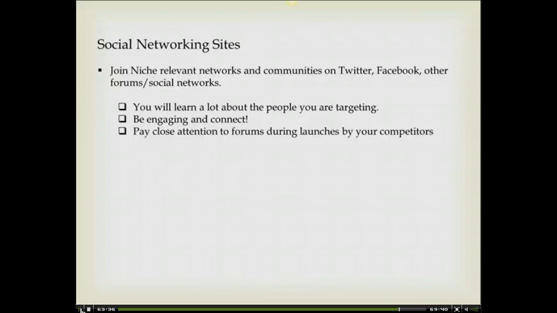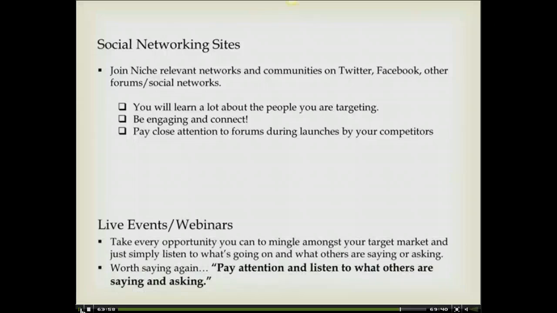They'll be writing about their concerns and the objections that they have. This is a good place for you to find out what other people are saying about similar products, and what kind of objections your competitors are going to have to overcome. This allows you to overcome them ahead of time before you launch your own products.